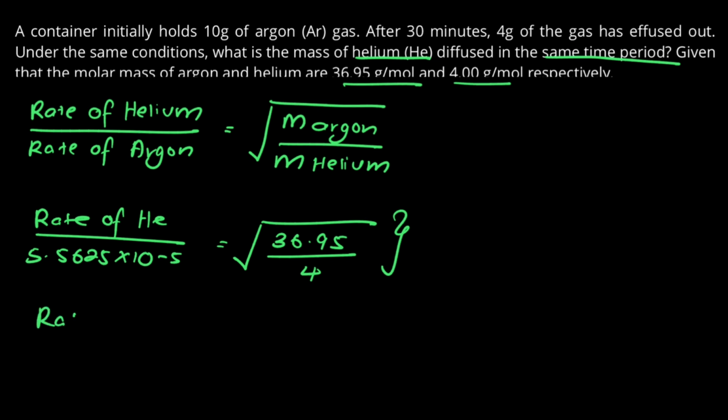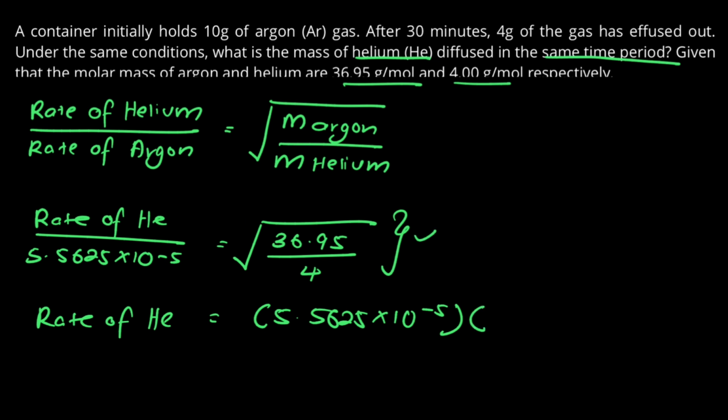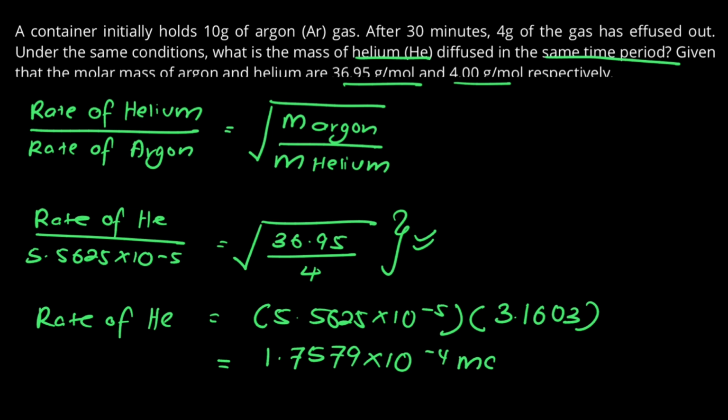So the rate of helium should be equivalent to 5.5625 times 10 to the power of negative 5, times the value for this one, which is 3.1603. Therefore, you will get the rate of helium equivalent to 1.7579 times 10 to the power of negative 4 mole per second.